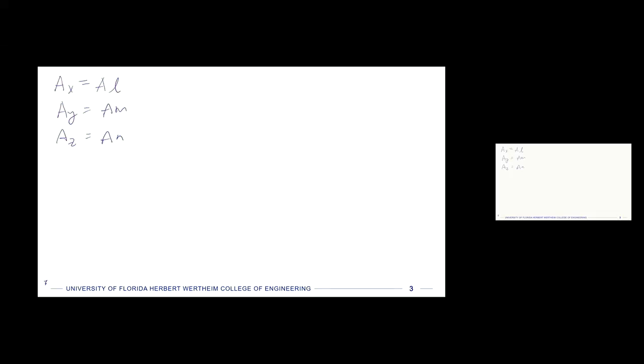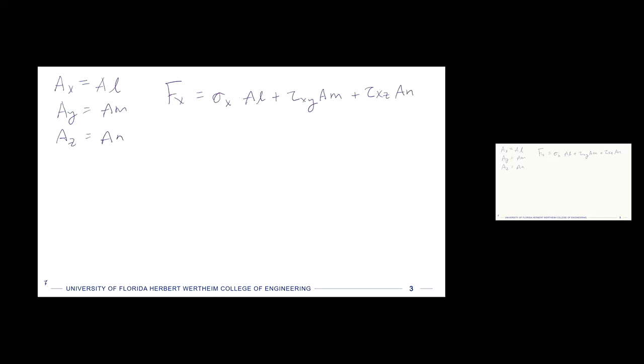Then if we go back and write an expression for Fx, before the first term was sigma x times Ax, now it's sigma x times Al, and then we add tau xy times Am plus tau xz times An.